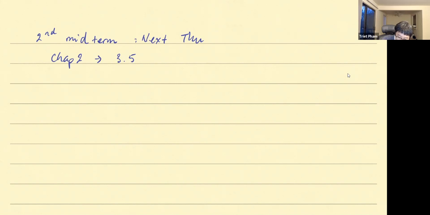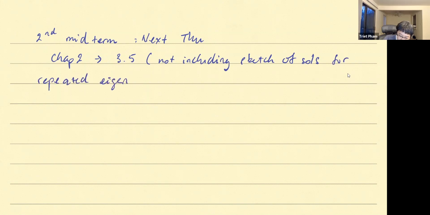I will not put the sketching of solutions for repeated eigenvalues in 3.5. So everything from chapter 2 to 3.5, not including the sketching part.